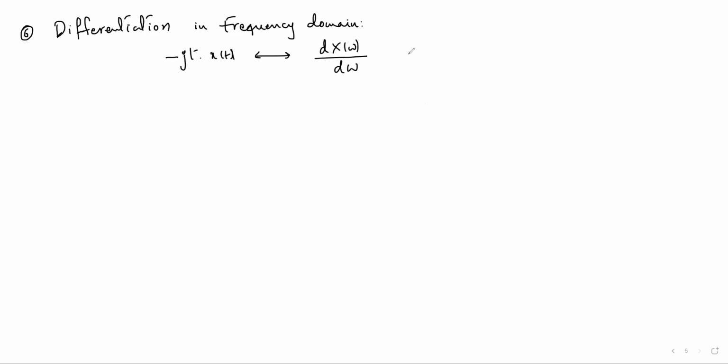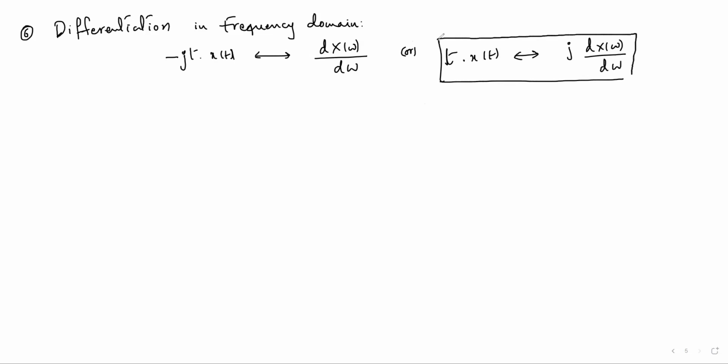If you multiply both sides with j, some books may give like this. Here j square is minus 1, so t x of t Fourier transform is j dx of omega by d omega. Both are valid. So differentiation in frequency domain property statement, this one.